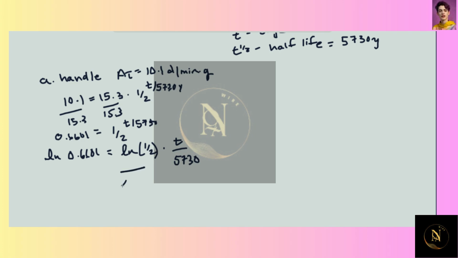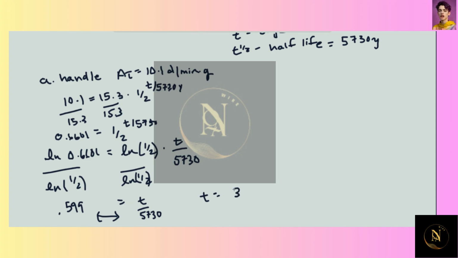Dividing both sides by the natural log of 1/2, 0.599 is equal to T over 5,730, or cross multiplying, T is 3,433 years old.